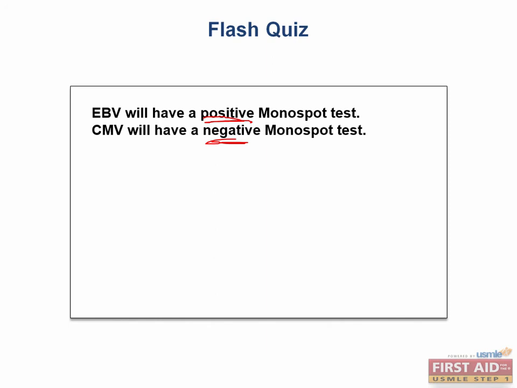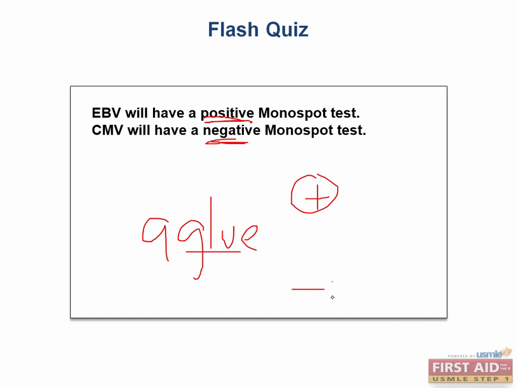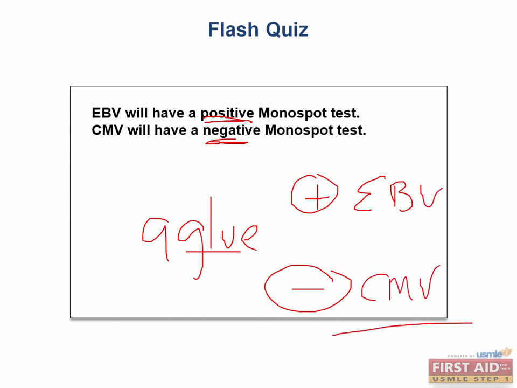Remember, the monospot test takes the patient's serum, their blood without red blood cells, and mixes it with red blood cells from a sheep or a horse, looking for that agglutination. If there is agglutination, the test is positive, and if there isn't agglutination, the test is negative. Positive means EBV, negative means CMV. Very good.